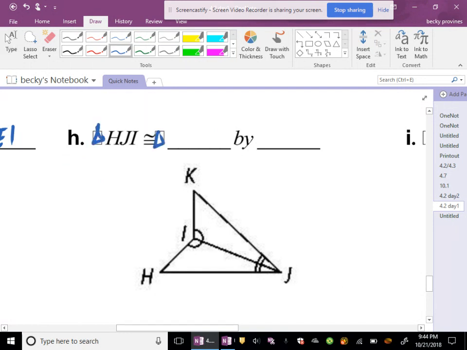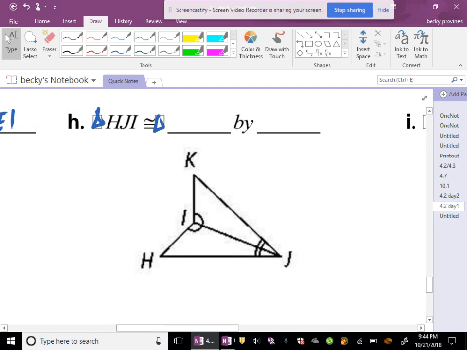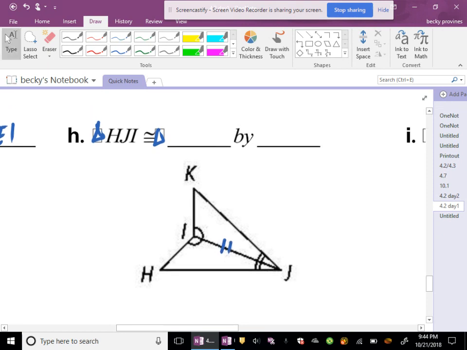All right, on letter H, I have 2 angles given to us. We need to find the third piece of information, and that is right here in the middle. So I have 2 angles and a side. So where is the side? Is the side around the corner, or is it directly in between the 2 angles?